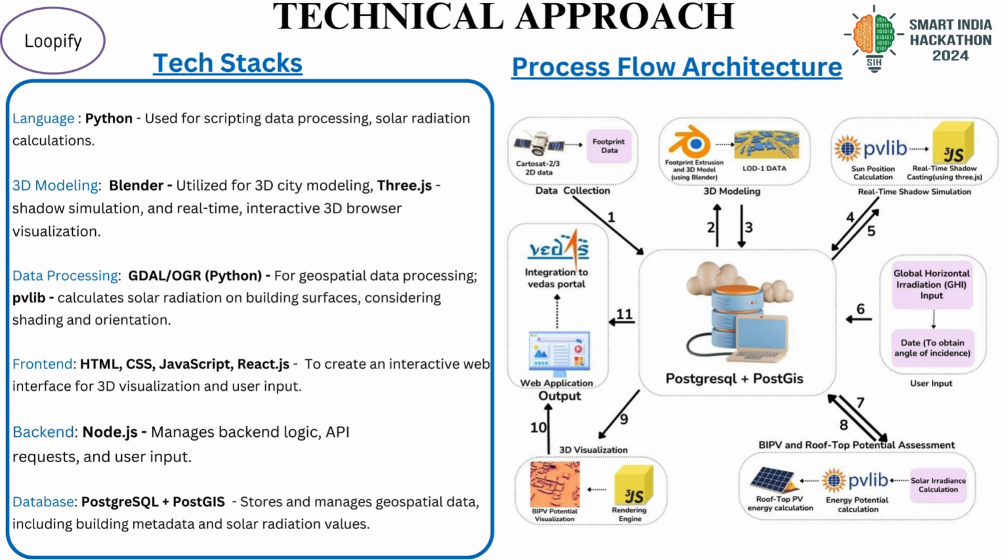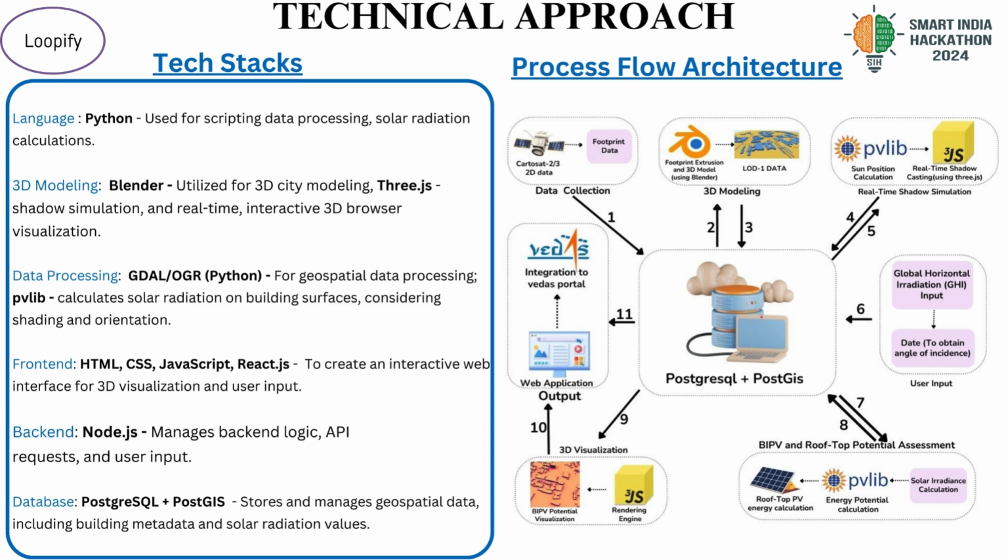Next, we use Blender to construct the LOD1 city model, which is stored in our server using PostgreSQL or PostGIS. At this stage, we perform sun position calculations using the PVlib library. These calculations are crucial for determining solar angles, and we use Three.js to apply real-time shadow casting based on these sun positions. The results are again stored on the server.